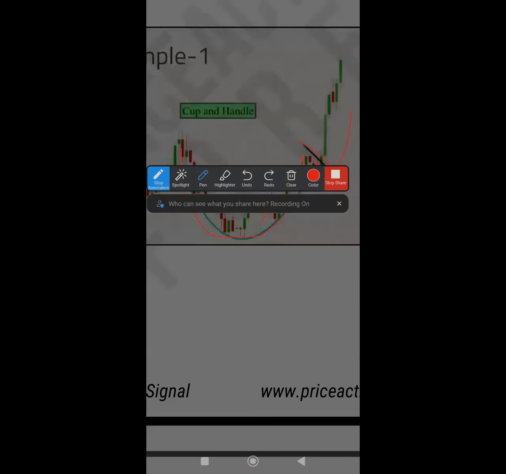Most people will be setting themselves to understand the cup and handle, without knowing that since the handle is actually a bull flag, you don't need to stress yourself trying to look for a cup in the chart. Whenever you see your bull flag, trade it as a bull flag. The same way you trade a cup and handle, you trade a bull flag. Put your entry, put your TP and exit.